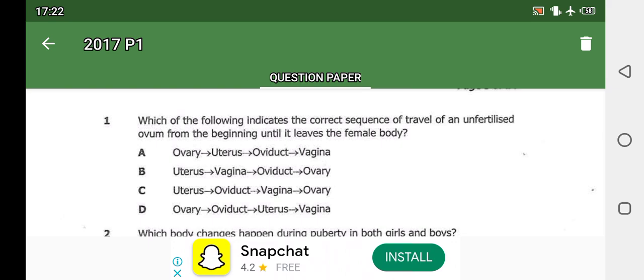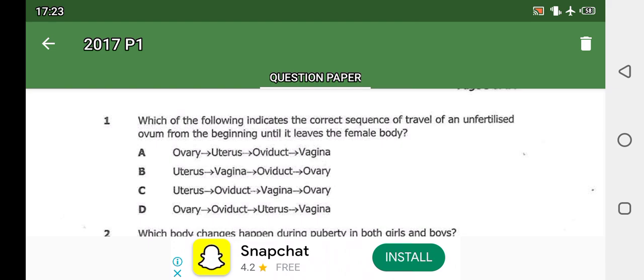So our first question is: which of the following indicates the correct sequence of travel of an unfertilized ovum from the beginning until it leaves the female body?